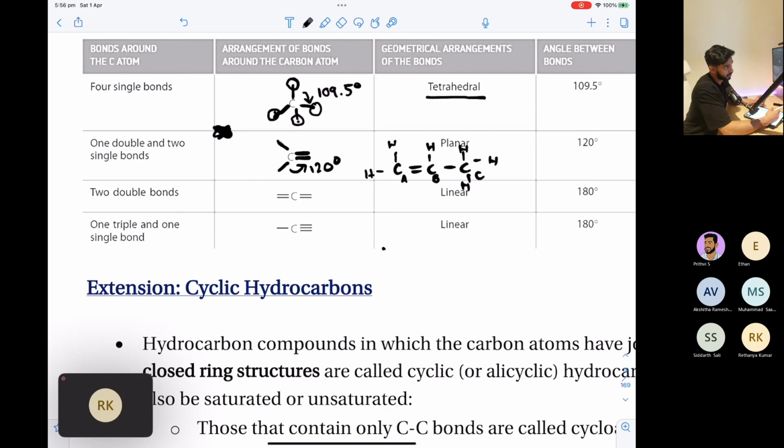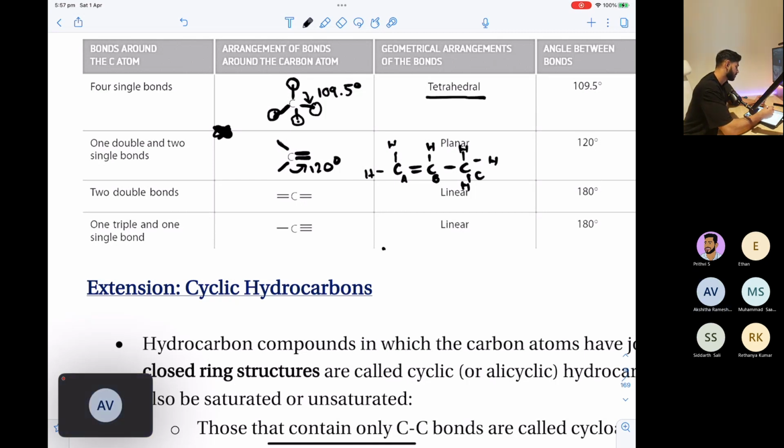Is it carbon number A, B, or C? Which one are you picking? Okay, A. Good. I agree with you.